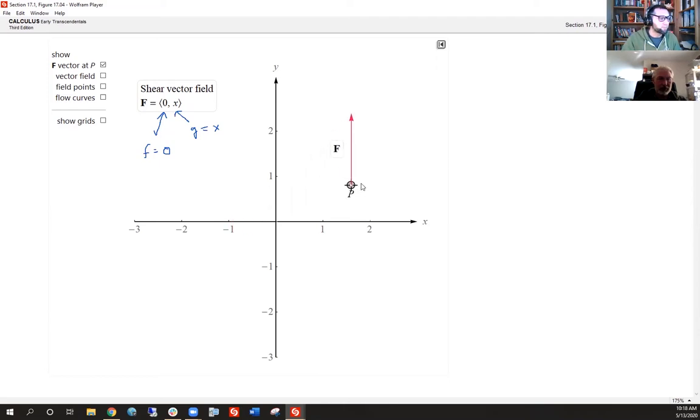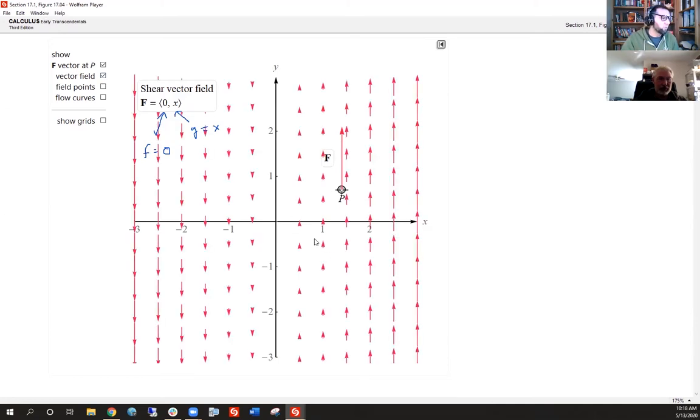And so you have this idea of a shear field where, and I'm not an engineer, but as I recall, this is talking about like a shear stress. This might help you to see it.